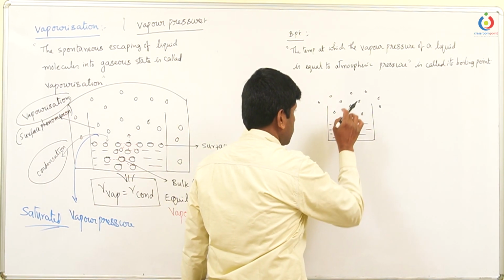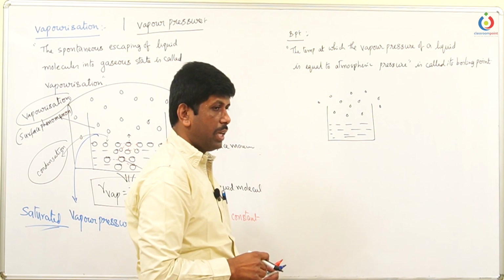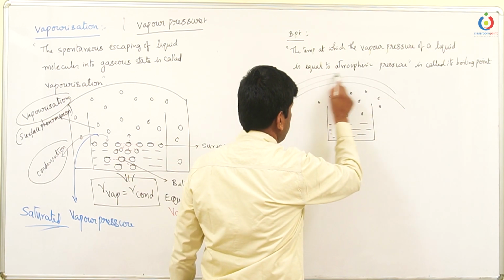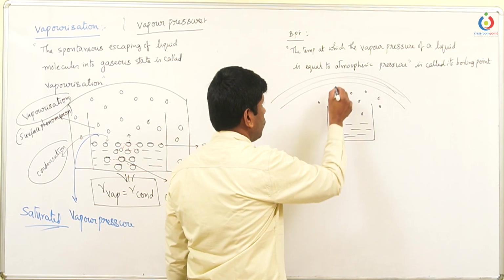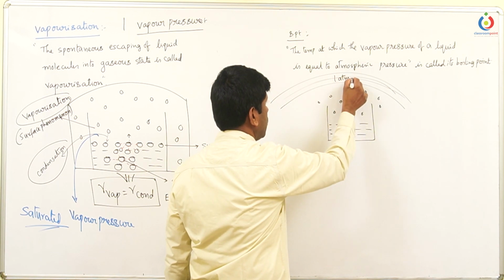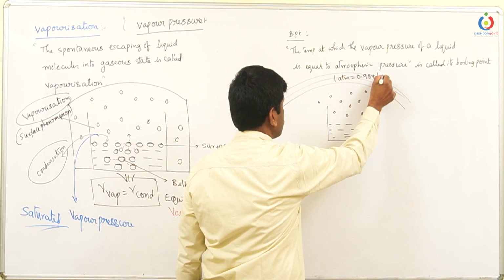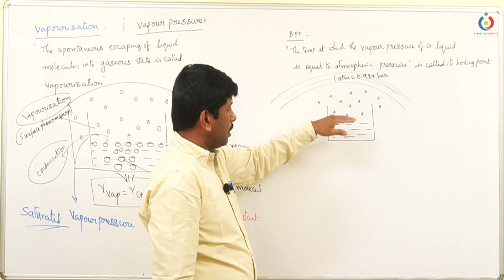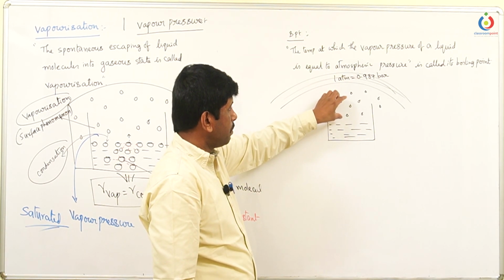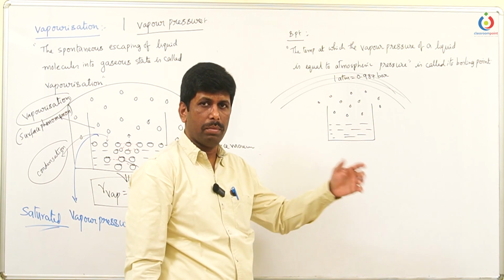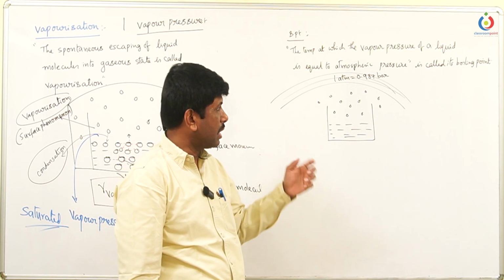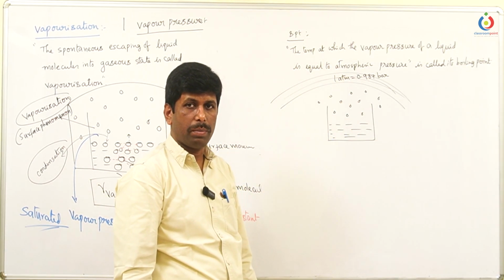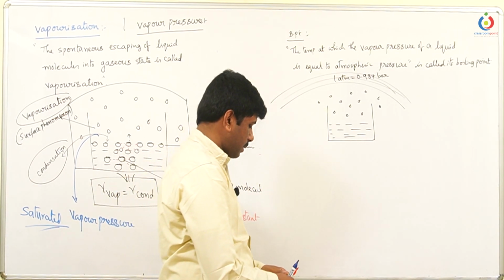This vaporization usually cannot create the pressure required to oppose the atmospheric pressure, because the entire surface of the liquid is covered by the atmosphere, whose pressure is equal to 1 atmosphere, usually 0.987 bar. So usually liquids cannot create vapor whose pressure equals atmospheric pressure, except some very highly volatile liquids, which can easily escape into the vapor state, form higher vapor, and whose vapor pressure is also equal to atmospheric pressure. That we shall discuss in the coming points.